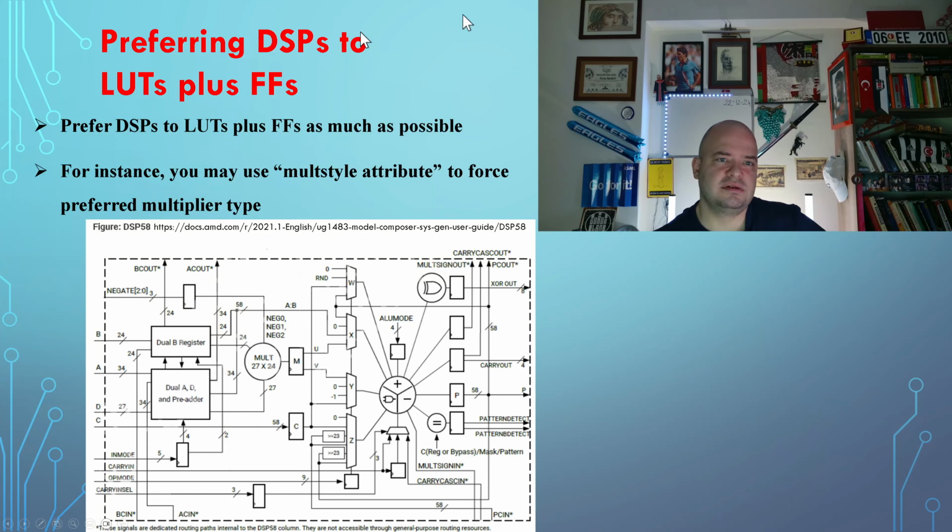The next remark we had regarding good coding practices and design recommendations was preferring digital signal processing cores, DSPs, to LUTs plus flip-flops as much as possible, once again, because digital signal processing blocks are ASIC elements which are very well optimized and packed inside FPGAs or SoCs to do multiplications and many other arithmetic logic operations.